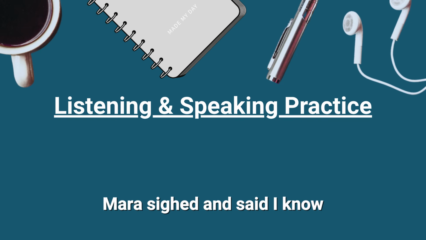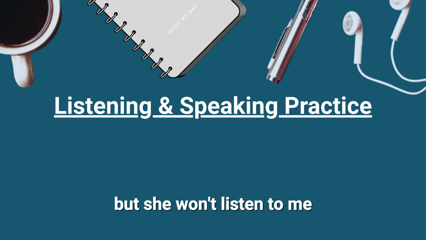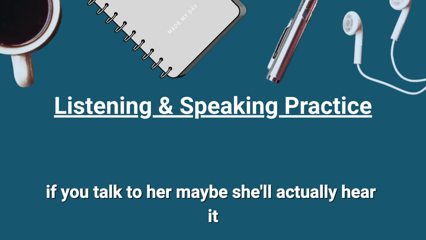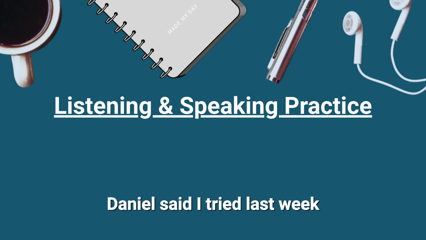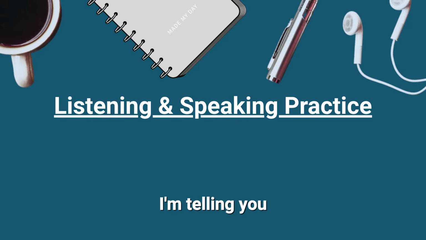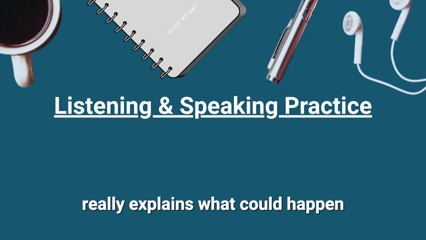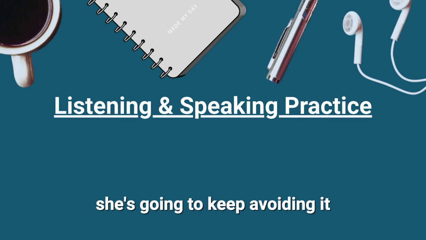Mara sighed and said, "I know, but she won't listen to me. If you talk to her, maybe she'll actually hear it." Daniel said, "I tried last week. She shut me down completely. I'm telling you, unless someone sits down with her and really explains what could happen, she's going to keep avoiding it."